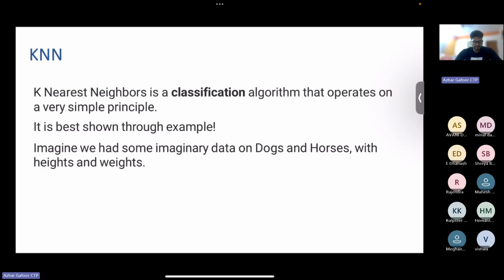So what is a K nearest neighbor or a KNN? It's a classification algorithm that operates on a very simple principle, a distance function is used. So we'll see what exactly it is.